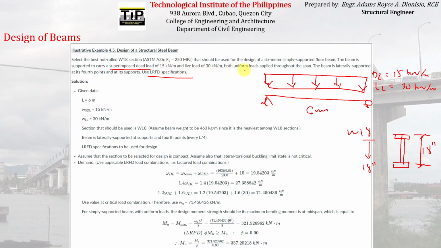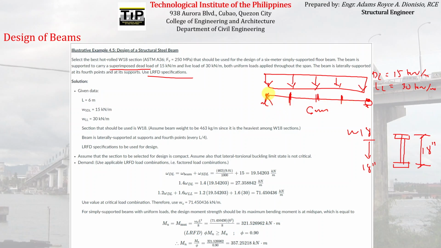Okay, so they are uniformly distributed loads applied all throughout the length of the beam. The beam is laterally supported at its 4 points as well as at its supports. So there you have lateral bracing here at its end points as well as every 4 points. Meaning you just have to divide the whole span into 4 equal parts.